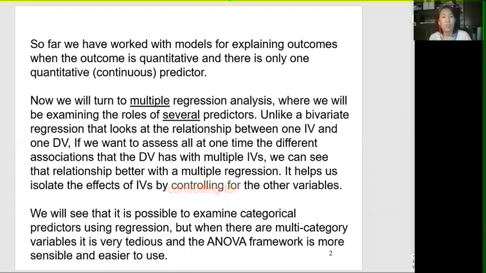Yeah. We will see that it is possible to examine categorical predictors using regression, but when there are multi-category variables, it is very tedious, and the ANOVA framework is more sensible and easier to use. So you don't need to worry about this last paragraph because we do not have an ANOVA course as a prerequisite.